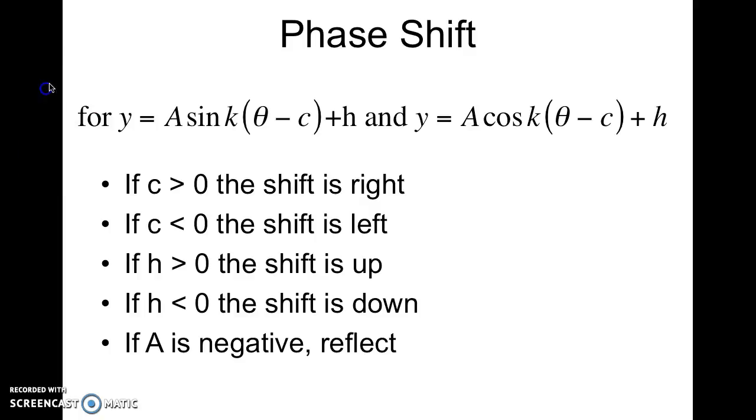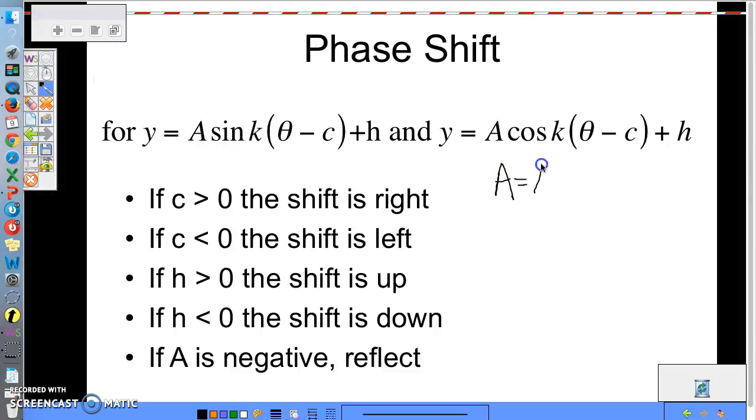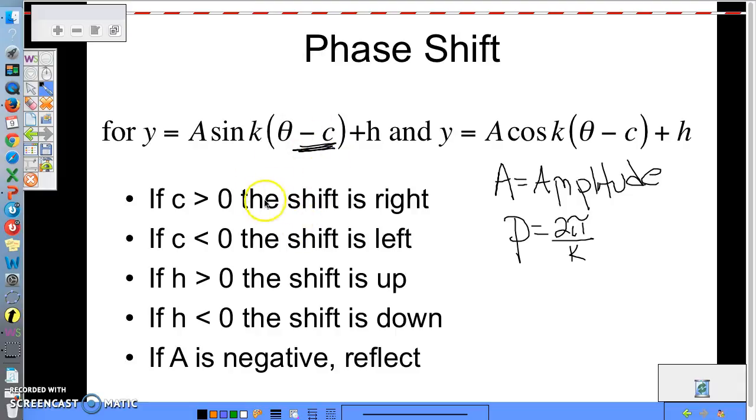So today what we're going to look at is all sorts of translations, where we still have our A as our amplitude, K to get our period, I should say our period is 2 pi divided by K. And then we have these values where negative C, just like before, shifts to the right, and H shifts it up.